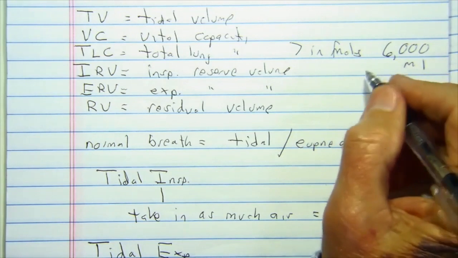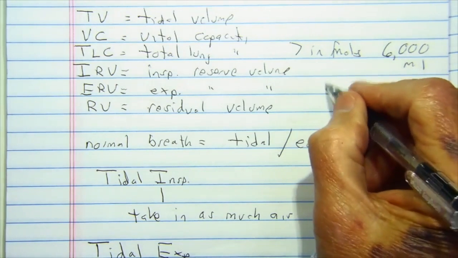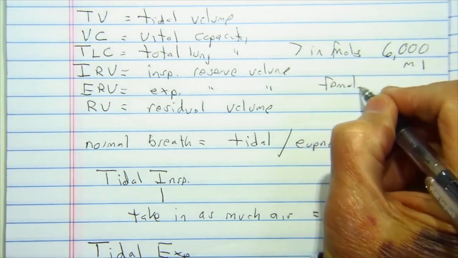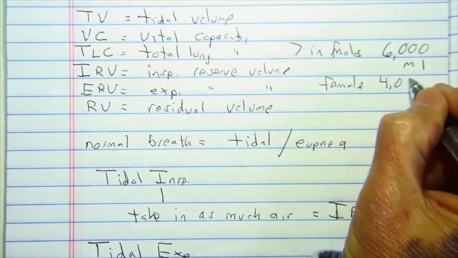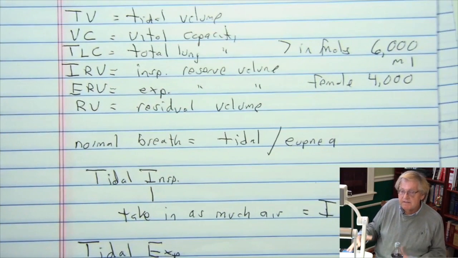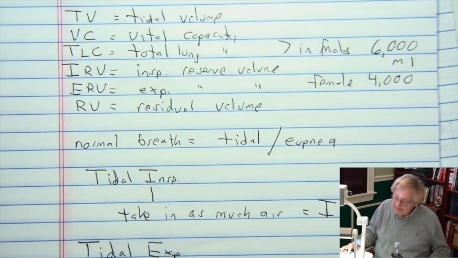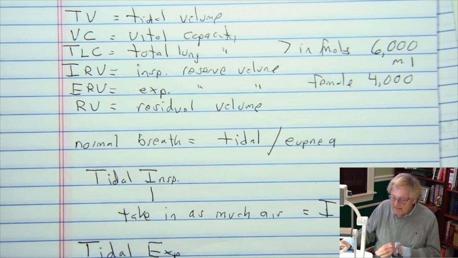So I always say that for a female, a number somewhere around 4,000. And it's not just dependent on the size of the person, it's just that the anatomy of the female lends itself to having less of a total lung capacity.